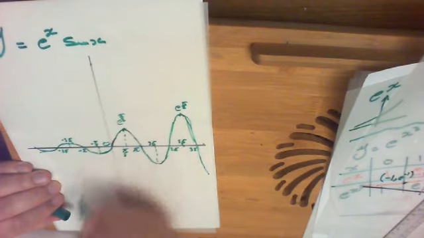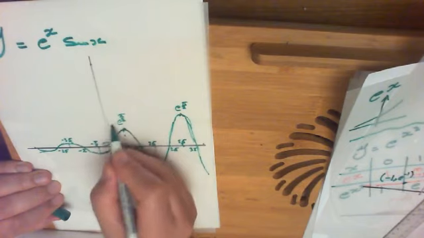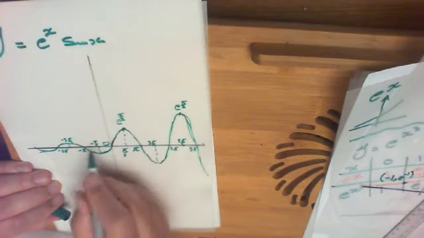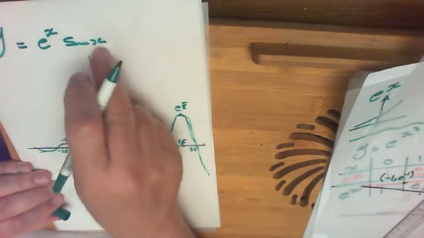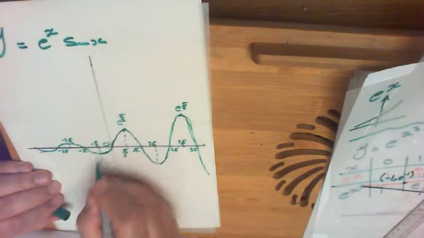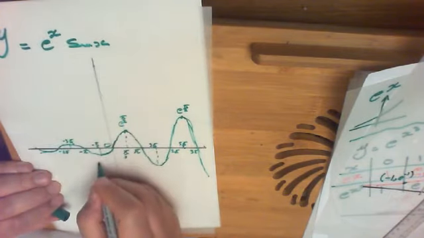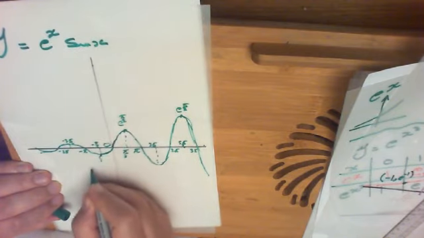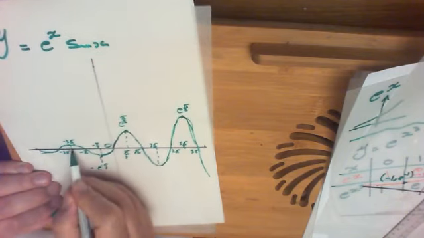This point is at x equals minus pi by 2, where sine is minus 1, and y, which is e to x times minus 1, would be minus e to minus pi by 2.